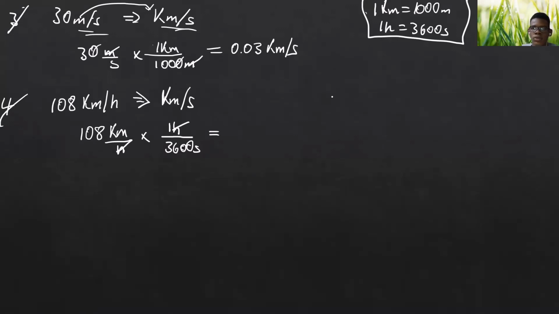Please ensure you're using the right conversions, so you don't mix up the two. 1 hour is equal to 3,600 seconds. This is what we got. Final answer. This is what we got for both.